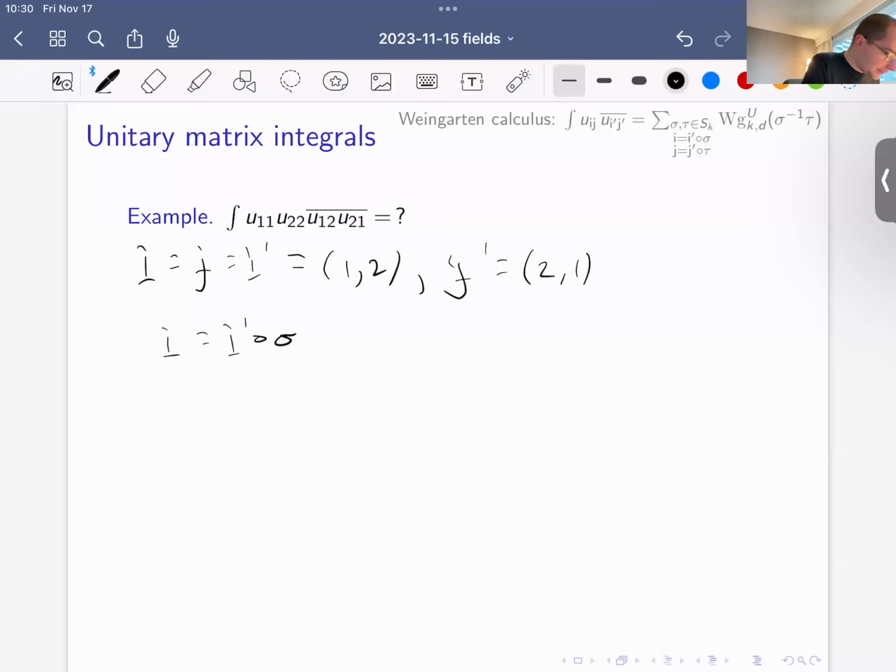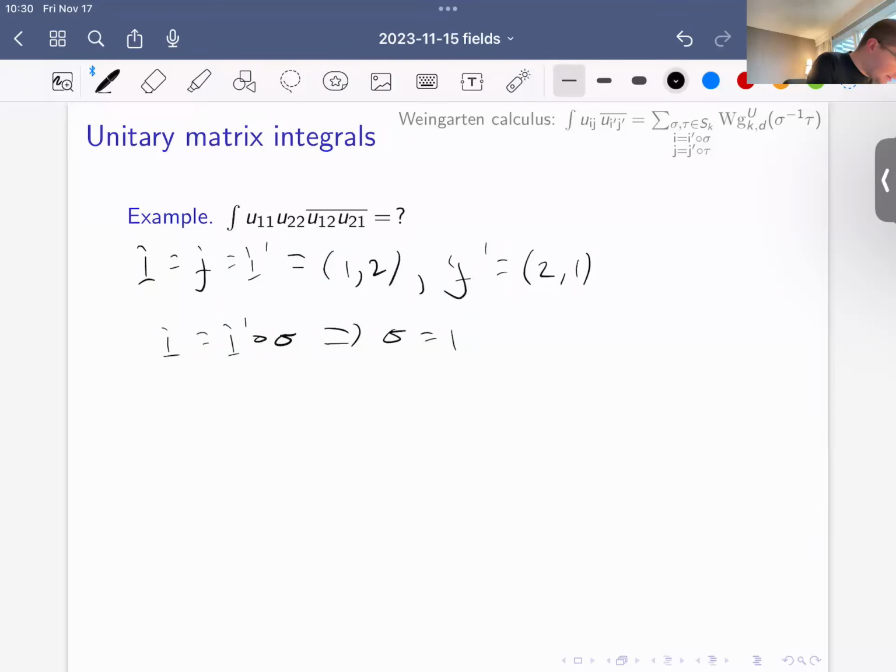If you work out what this means in terms of these two multi-indices, this forces sigma to be 1, basically because I and I prime are the same. So this condition is forcing sigma to just be the identity permutation.